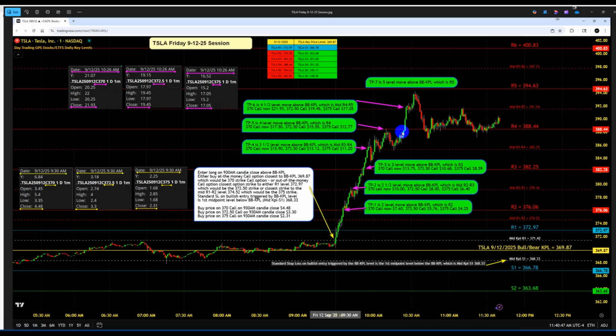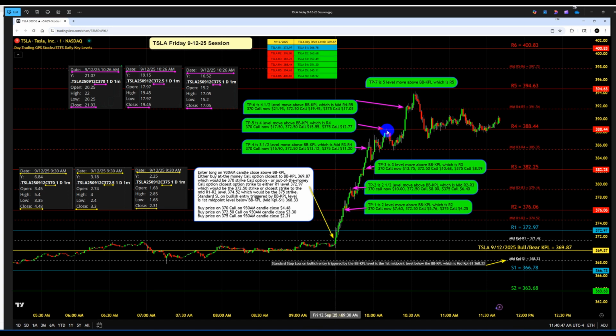Next level move up, we have TP5, which is a 4-level move from the BBKPL to R4. The 370 call is now $17.50 on this candle close. Excuse me, not on this candle close.